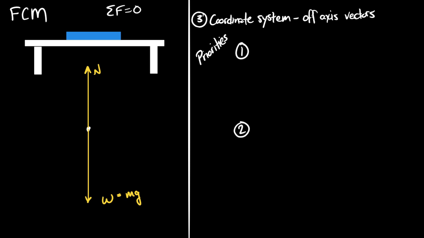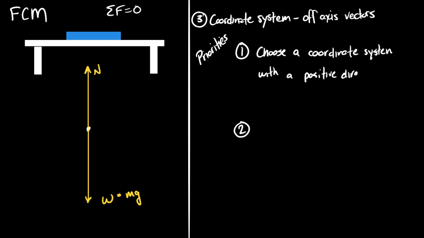Priority 1 states to choose a coordinate system with a positive direction placed in the direction of the acceleration.